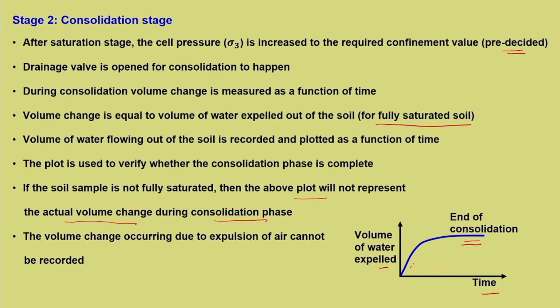When the confinement load is applied for conducting the consolidation, the air also displaces and there will be a volume change associated with the displacement of air. That volume change we cannot capture, we can capture only the volume of water which is getting expelled out, which means that whatever has been represented by this curve is not complete if the soil is not fully saturated. The volume of air we cannot measure.